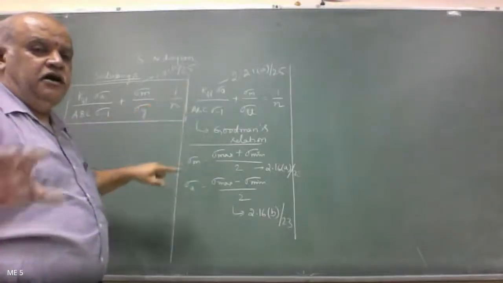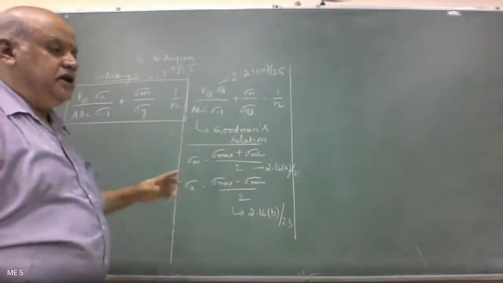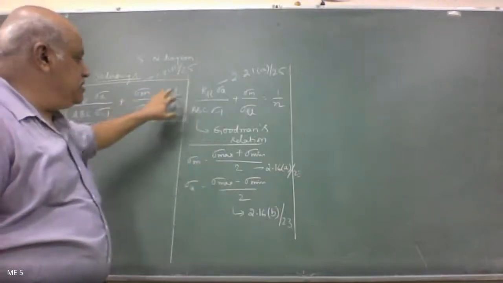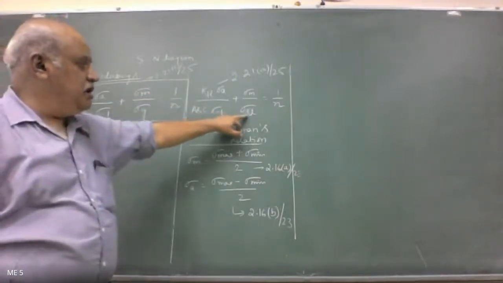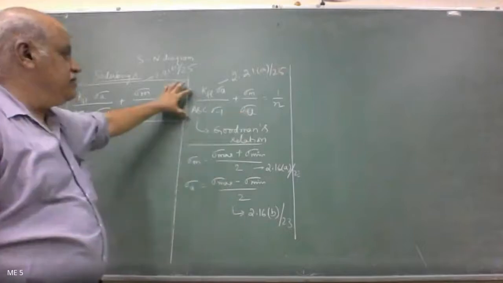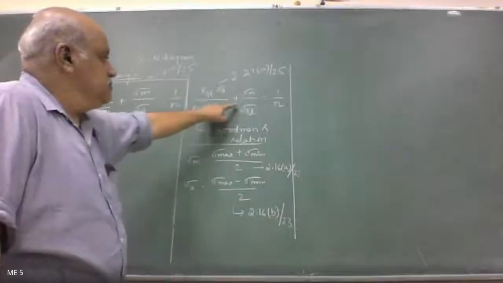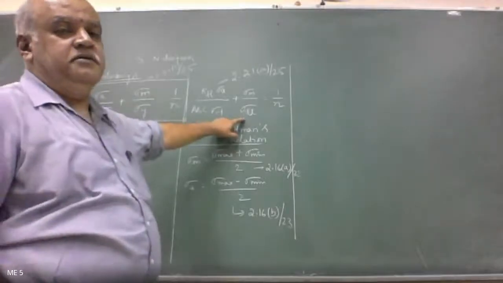Sanjay Gowda, I asked you to read the equation as given by Goodman's, that is by changing the mean stress to the ultimate stress. What is the equation given by Goodman's? K_f times sigma_a divided by (a b c times sigma_minus-1) plus sigma_m by sigma_y equals 1 by n. Is it Goodman's relation? Yes, sir.